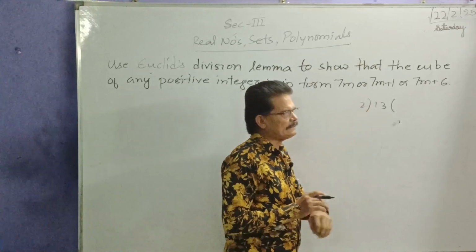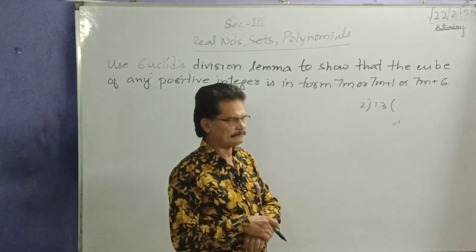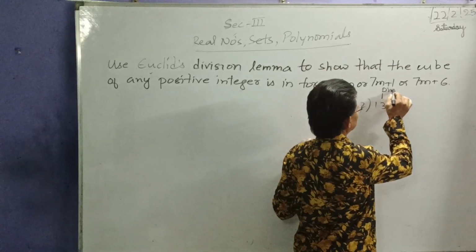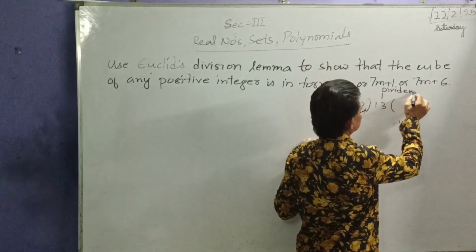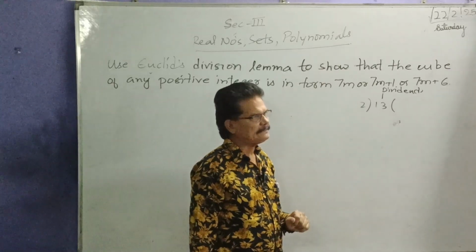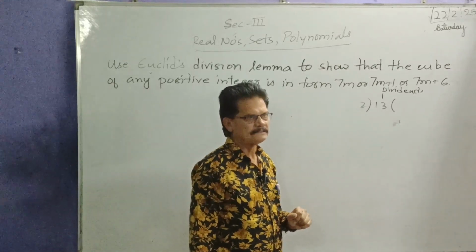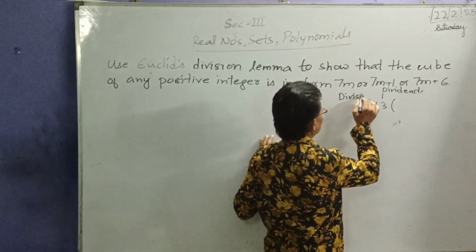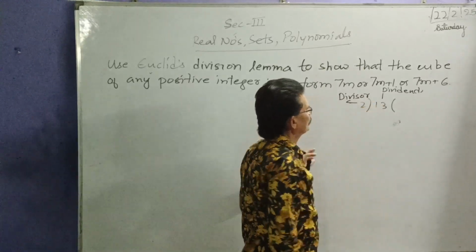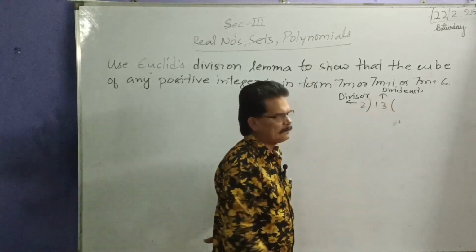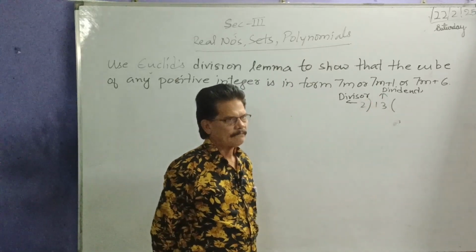Now what is this 13 called? Dividend. What is this 2 called? Divisor. 13 is called the dividend. 2 is called the divisor.